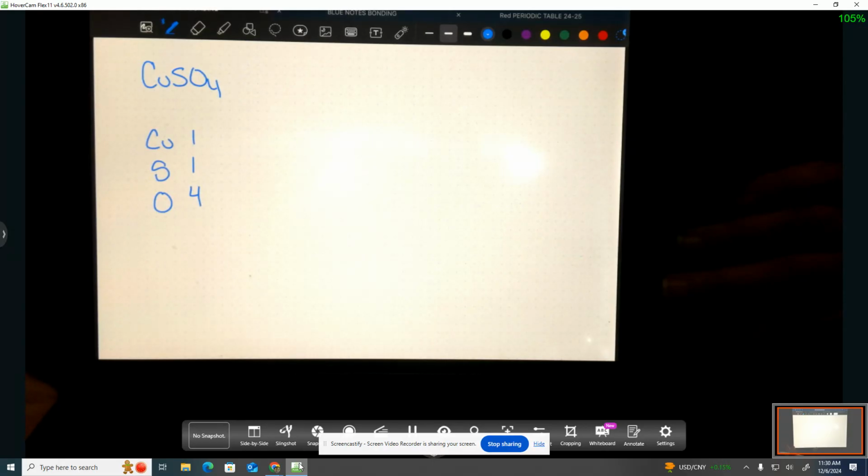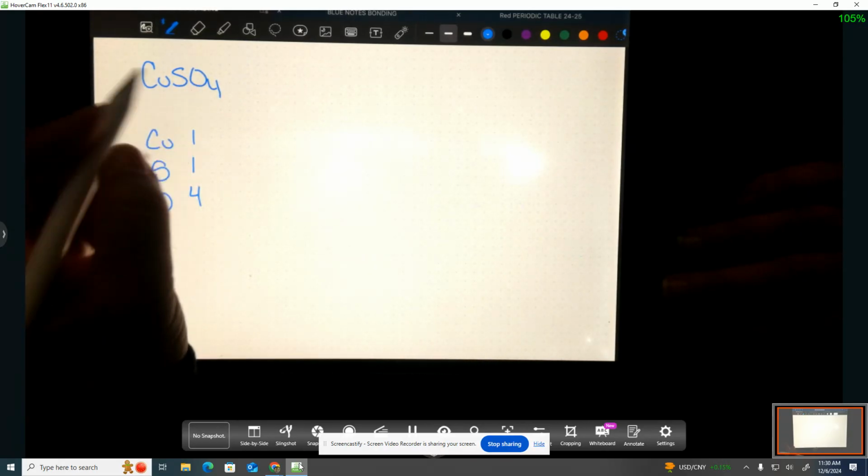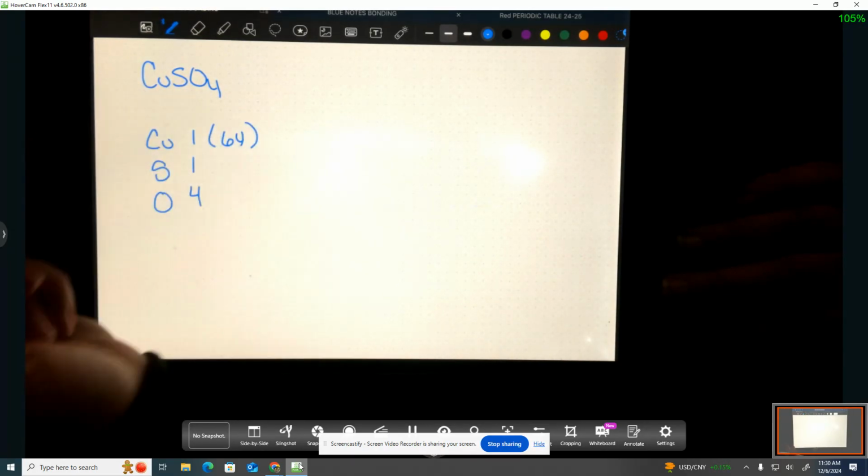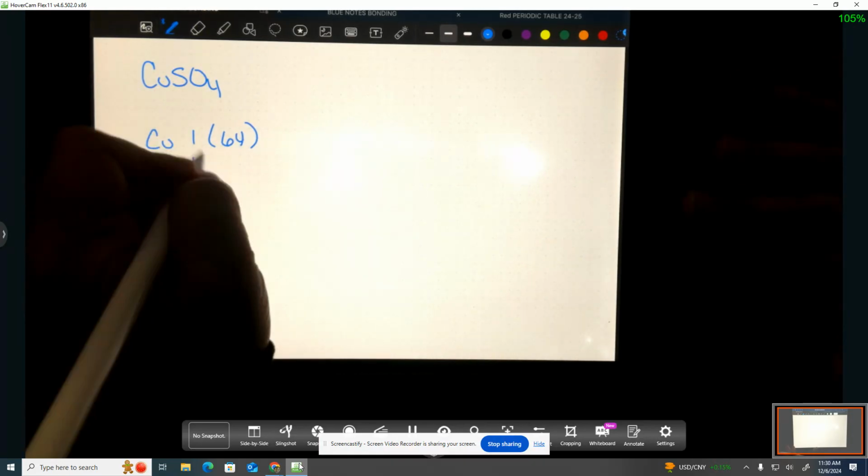Alright, so if you have copper 2 sulfate, CuSO4, what's the gram formula mass of that? You've got a copper, you've got a sulfur, you've got 4 oxygens. Copper weighs 64, I'm getting that from my periodic table.